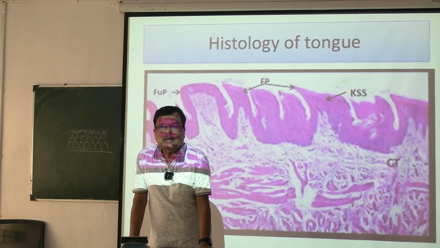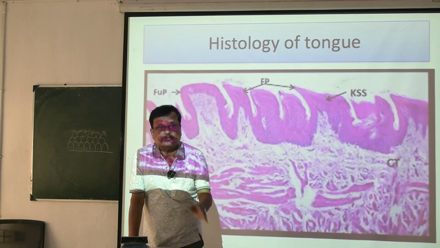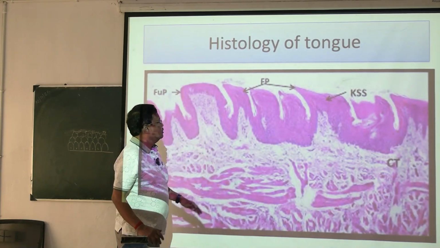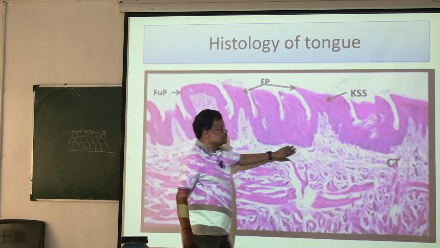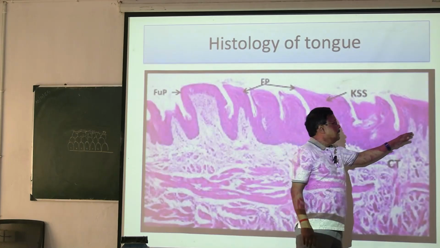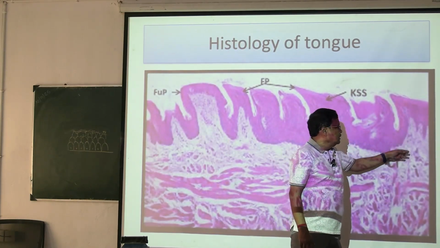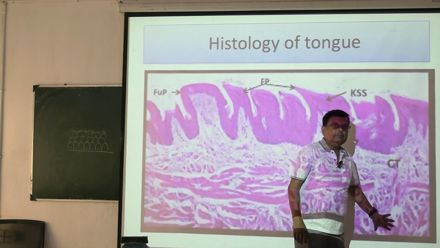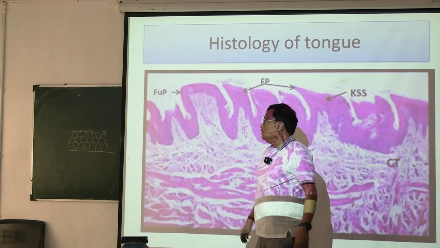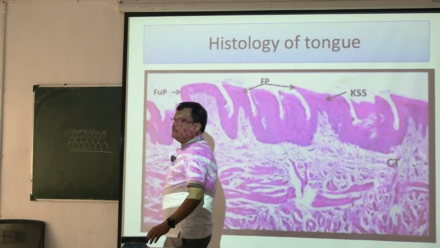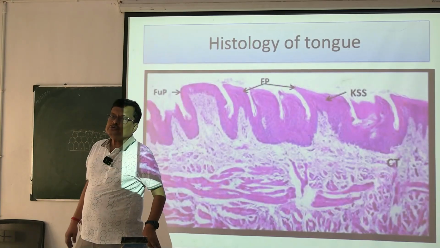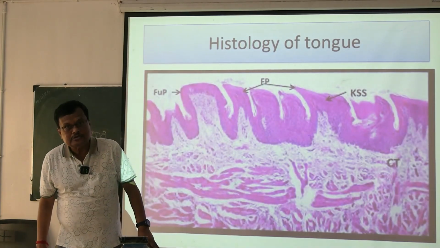Then comes the submucosa and muscles. What is the characteristic of the surface epithelium? Stratified squamous non-keratinized.